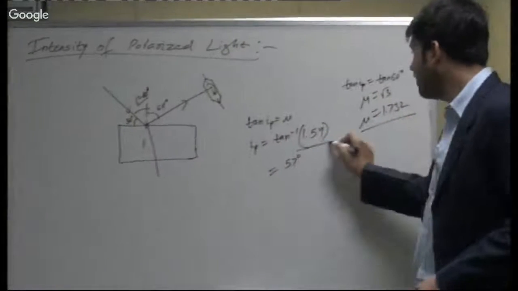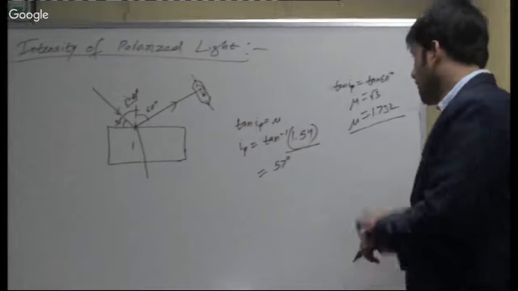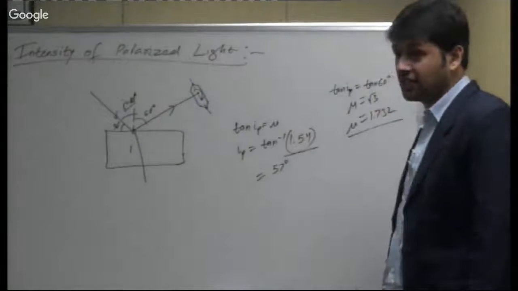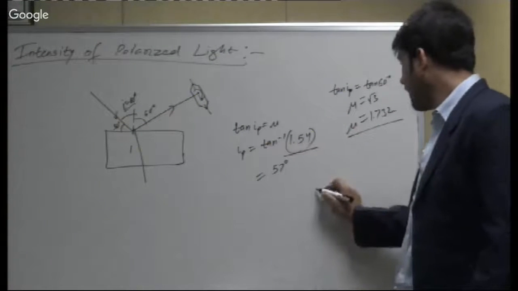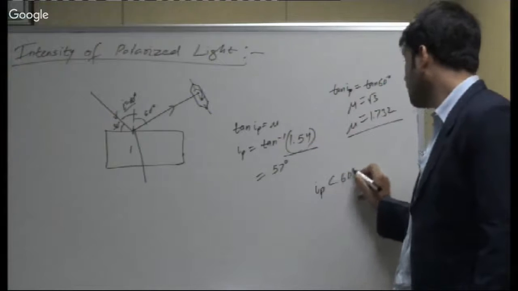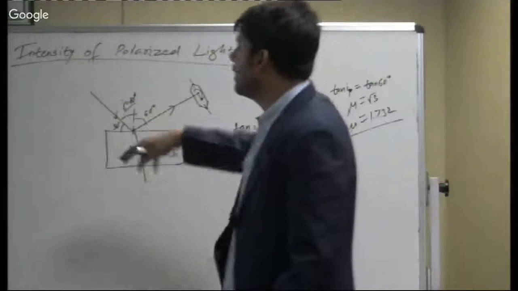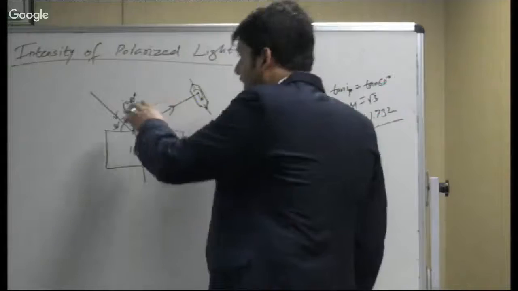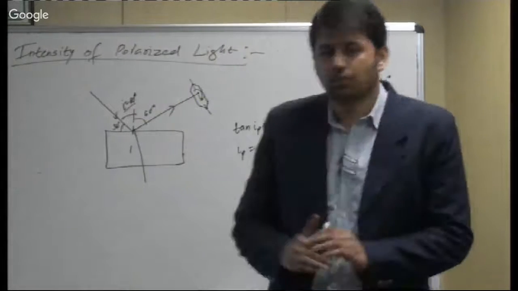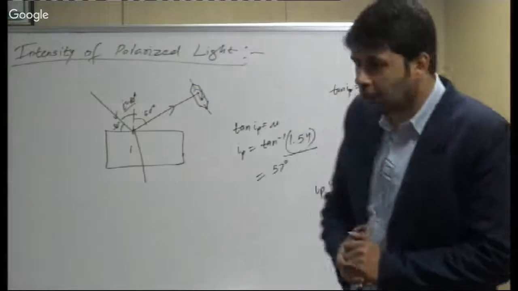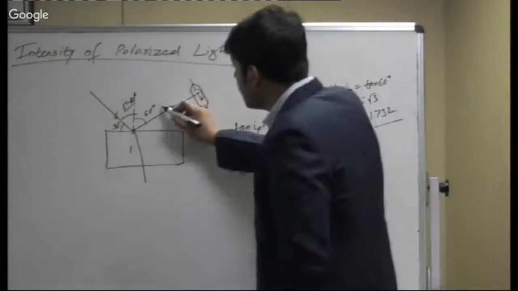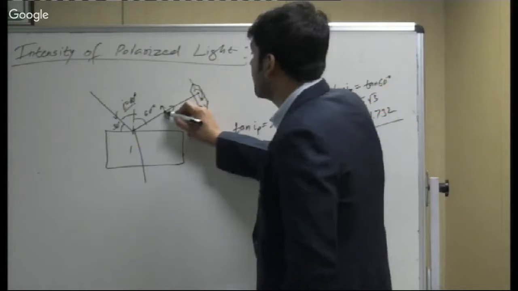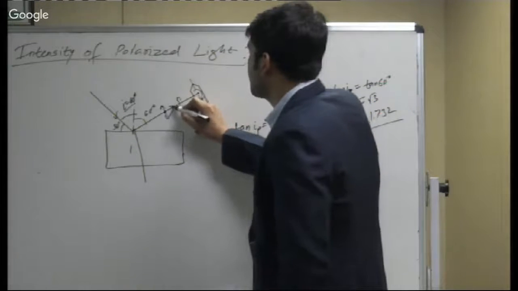We have a smaller refractive index, so obviously the polarizing angle would be less than 60 degrees. The light is incident at an angle more than the polarizing angle, which means this light won't be plane polarized. It would be partially polarized.